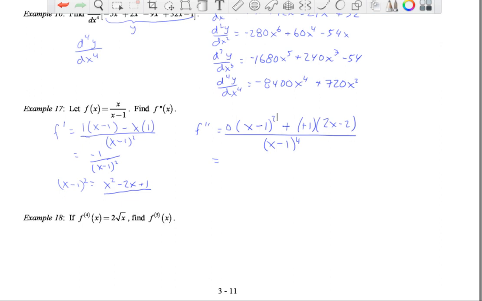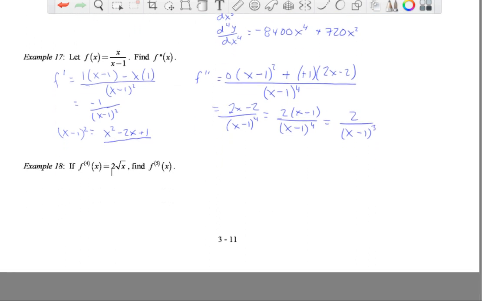So now we just need to simplify this, but this is 0, so we just have 2x minus 2 over the quantity x minus 1 to the 4th. That can be written as 2 times the quantity x minus 1 over x minus 1 to the 4th, and then we can reduce that. So our final answer will be 2 divided by the quantity x minus 1 cubed.